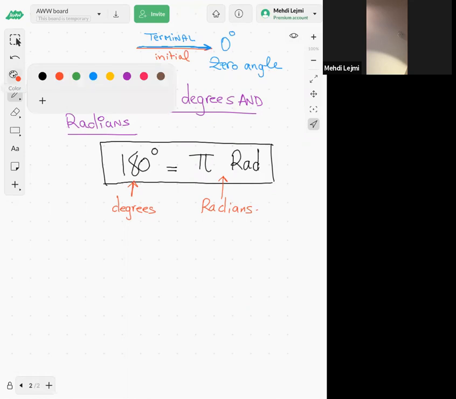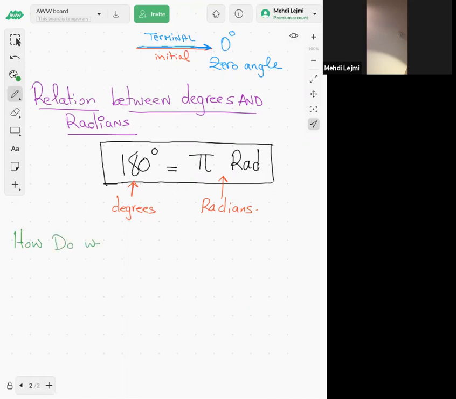Okay. Now, how do we convert degrees to radians?